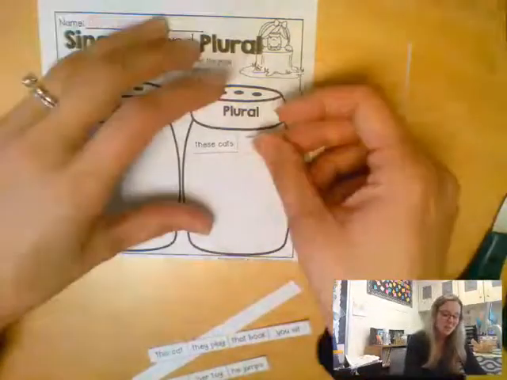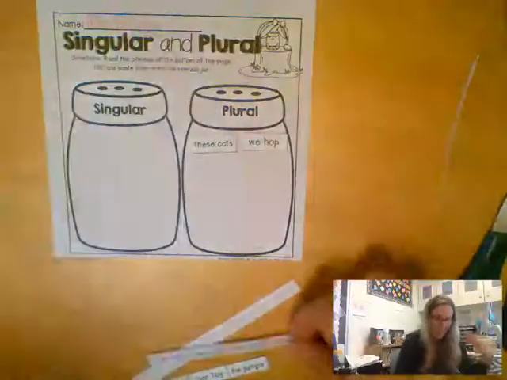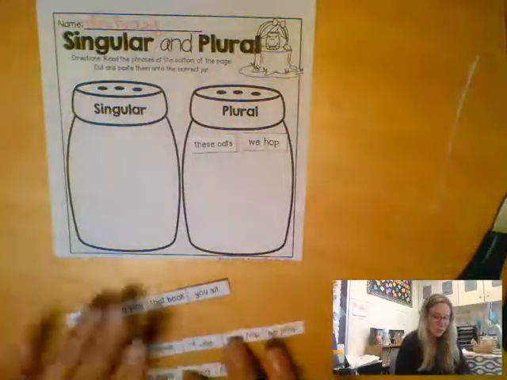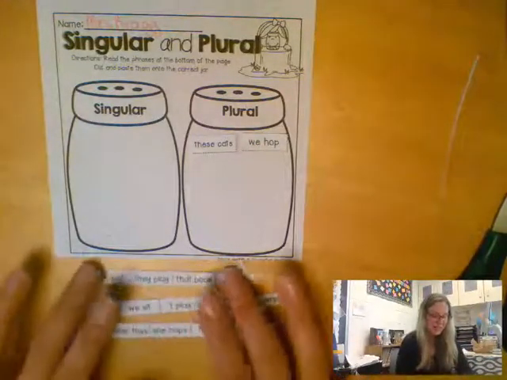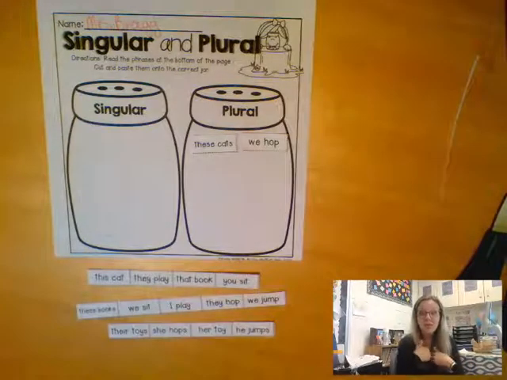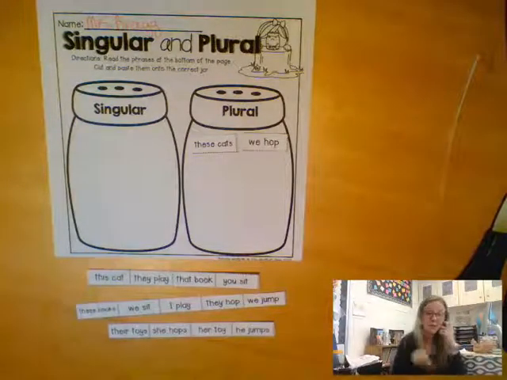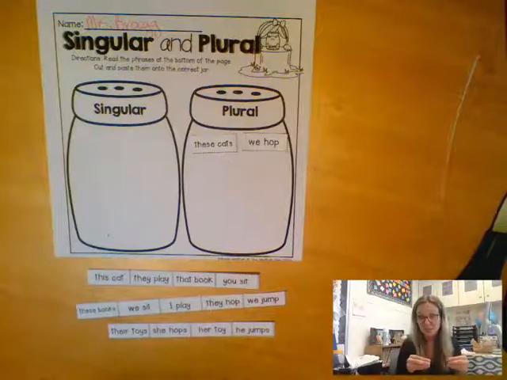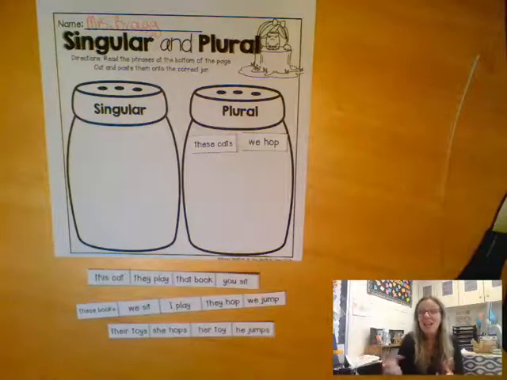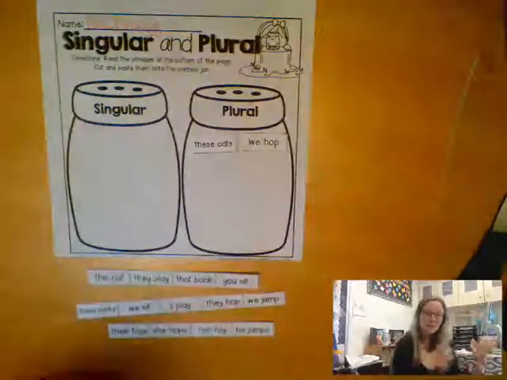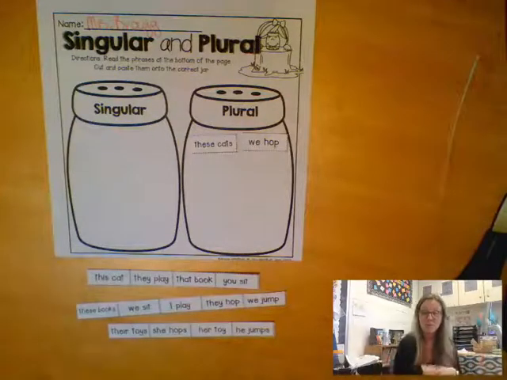So that would be plural as well. So keep going through and read them all and think about, what is it saying? If it's I, me, you, he, those are all one person. That's singular. If it's we, they, them, us, those are all more than one person. So it's plural.